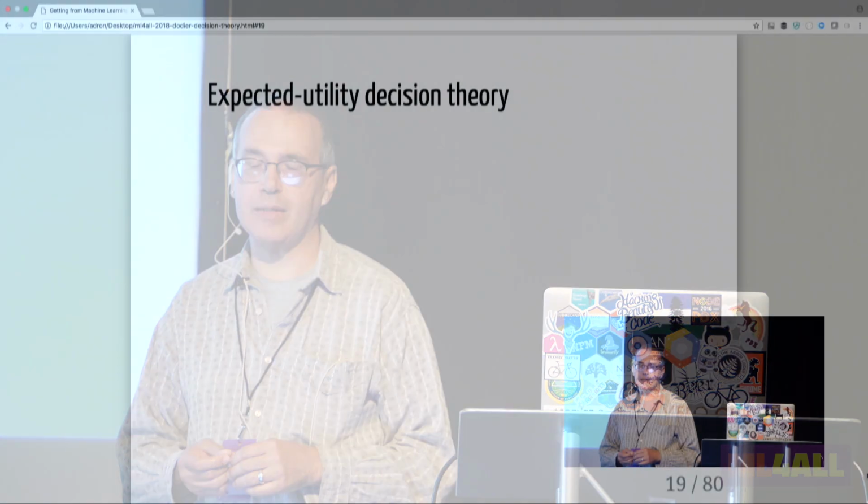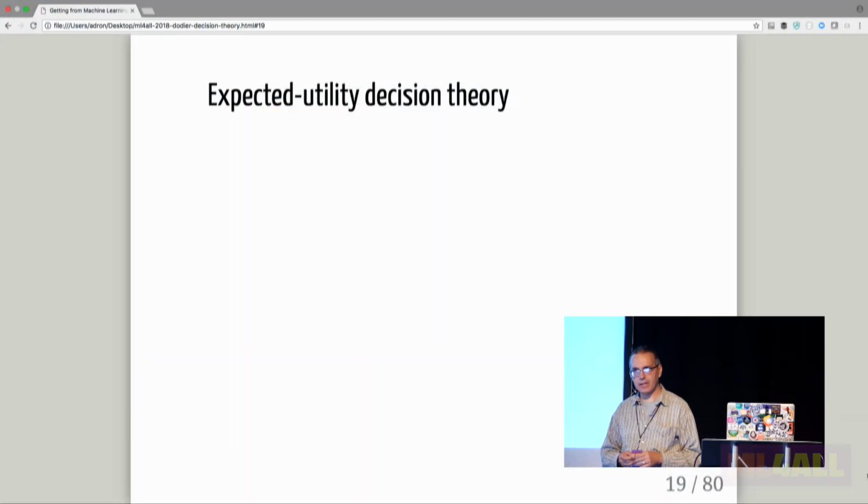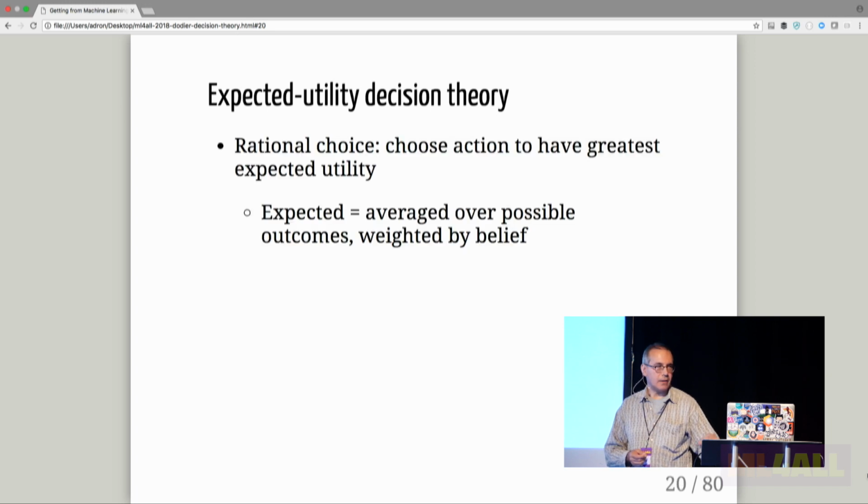And that's a very fascinating topic in itself, but we're going to stick to what is rational in the sense of, if we were going to do this with a machine, how would we program it to do this automatically? So the particular form of decision theory that I'll be talking about today is the so-called expected utility decision theory.